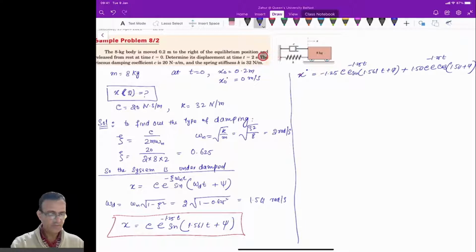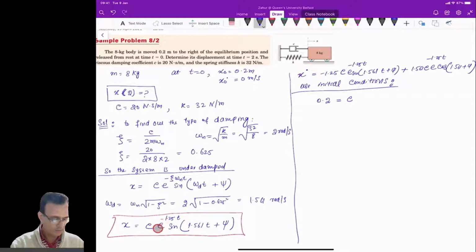Now we use the initial conditions. So what will happen is x becomes equal to 0.2, and on the right hand side you will get C, and t is equal to 0.